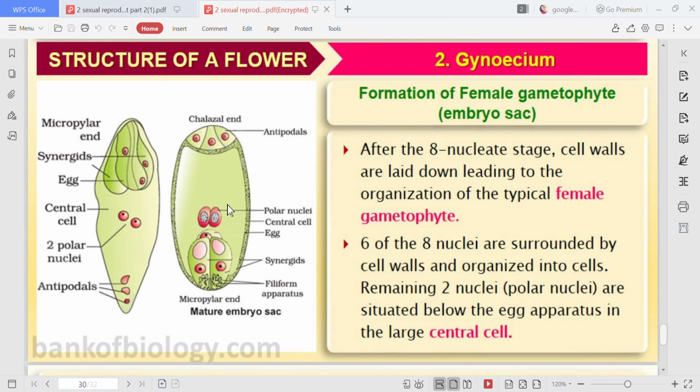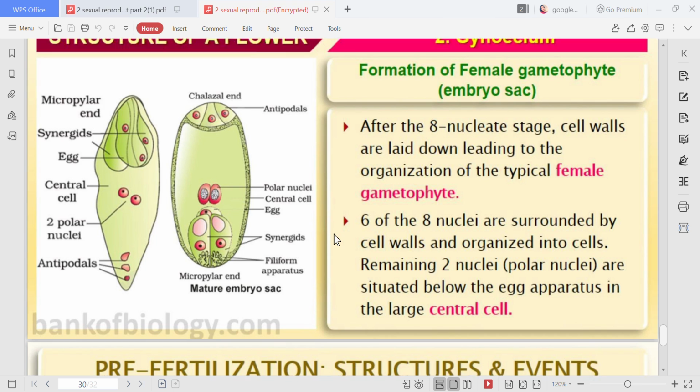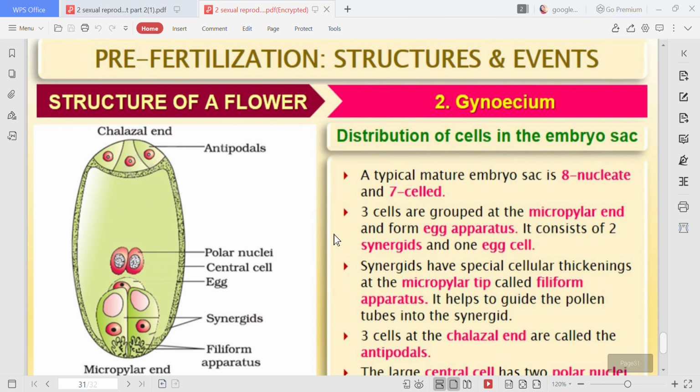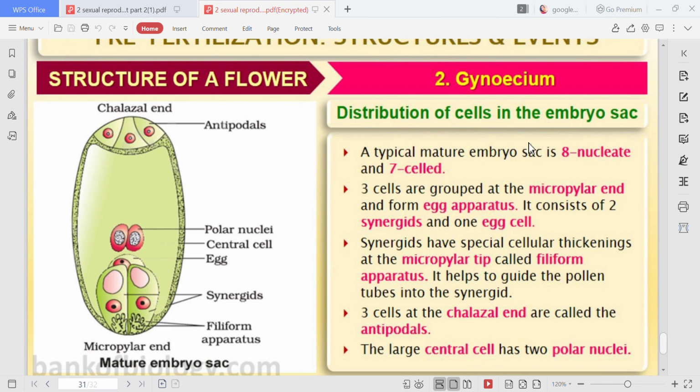So all in all there are 7 cells, but altogether they have 8 nuclei. So let me show you here. A typical mature embryo sac is 8 nucleate and 7 celled.